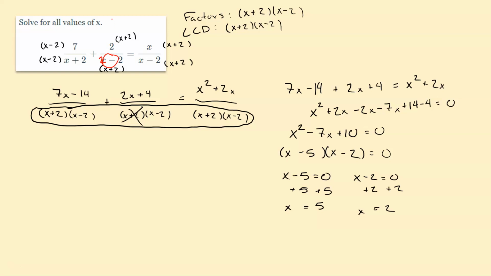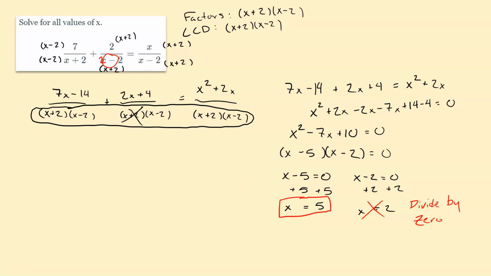And I think we all know that you cannot divide by 0. That is a big no-no. So that means this cannot be one of our solutions because this is a divide by 0 case. So that means x equals 5 is our only answer.